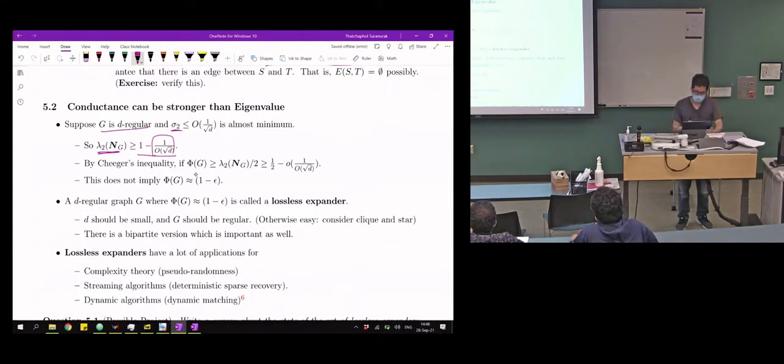But again, by Cheeger inequality, you can only conclude that conductance is more than half. It's not like close to 1. So what you can get from Cheeger is not as strong as you want. You don't get this.